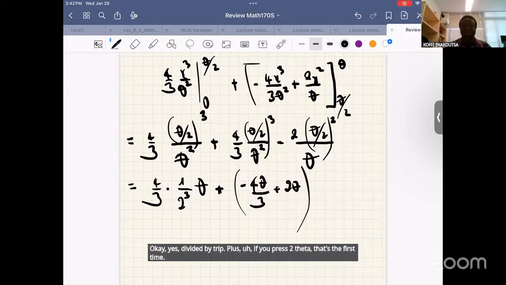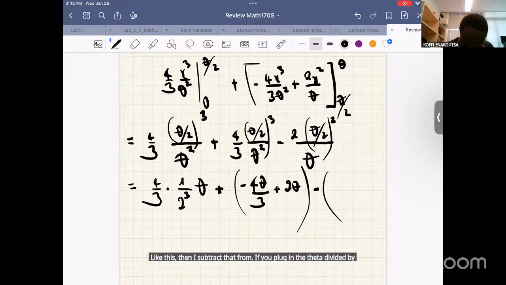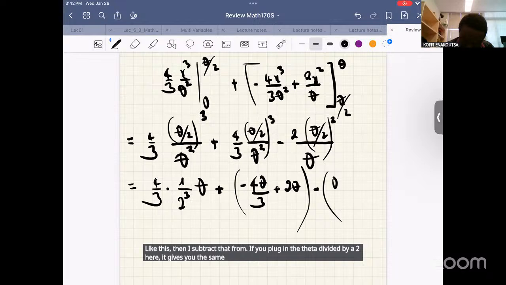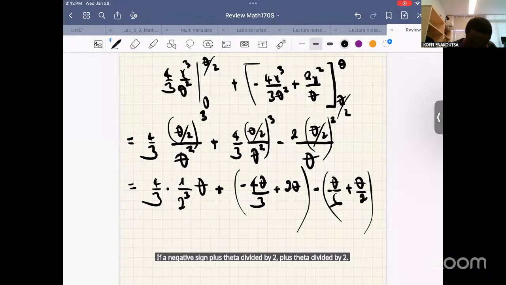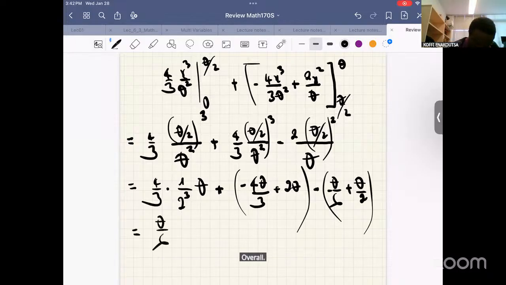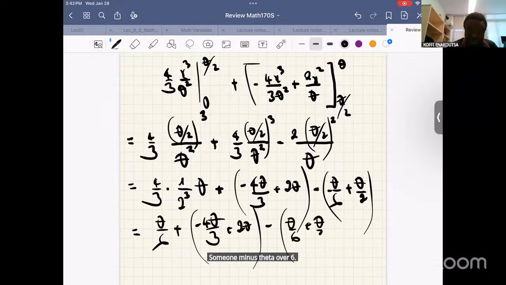Then I'll subtract from that: if you plug in theta divided by 2 here, it gives you the same as initially, theta divided by 6 with a negative sign, plus theta divided by 2, plus theta divided by 2. Overall, I'll have theta over 6 here, plus minus 4 theta divided by 3, plus 2 theta. So minus theta over 6, plus theta divided by 2.